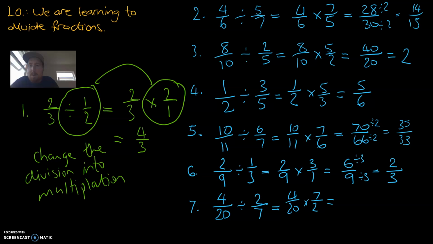Let's then do our top times top, bottom times bottom. Top times top, 4 times 7 is 28, and 20 times 2 is 40. And then let's have a look, what could these have in common? Well, it looks like they both have a 4 in common this time. 28 divided by 4, that's going to come to 7. And 40 divided by 4, that's going to come to 10.